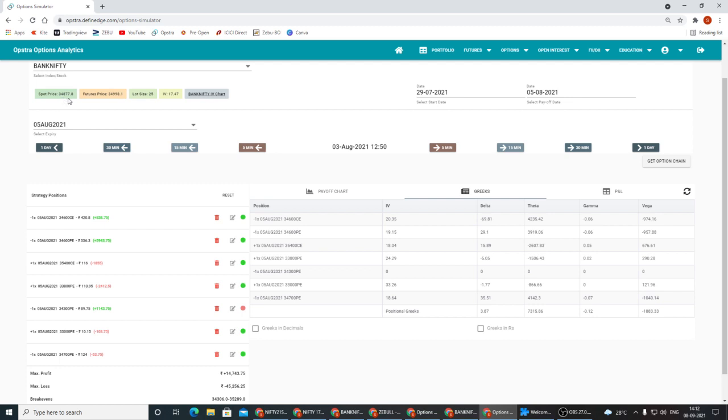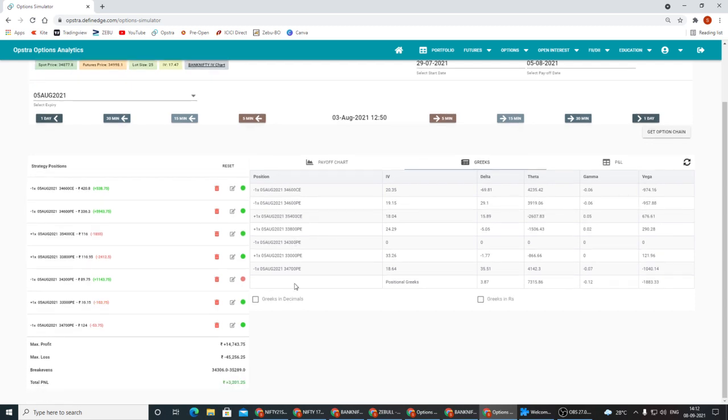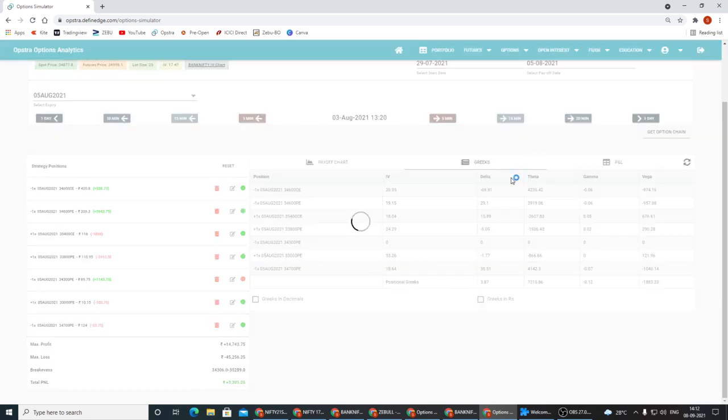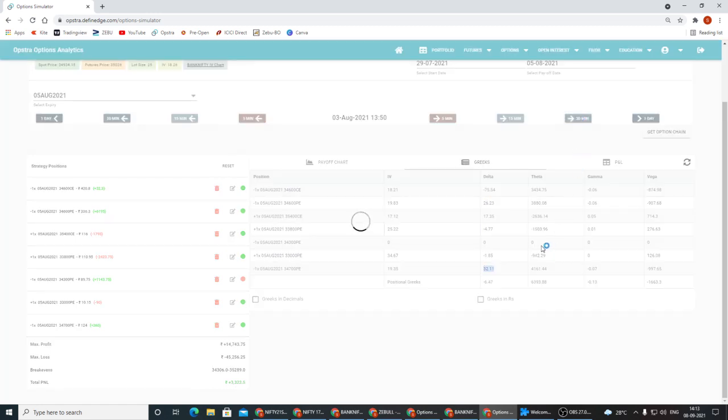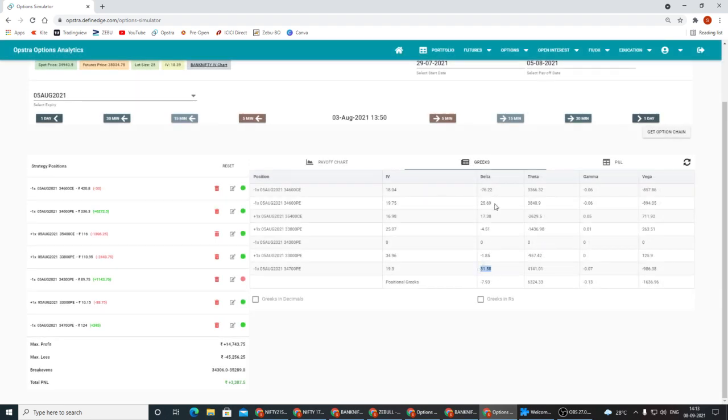Okay, 34,877, 3,000 profit. Delta is managed. 34,934. The market is moving higher. Delta is 58. Okay, we will move further. What is the delta? 55.